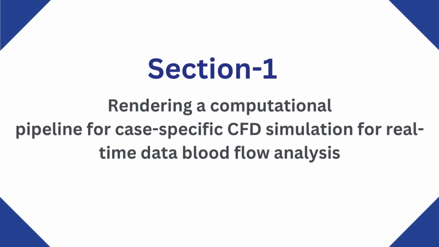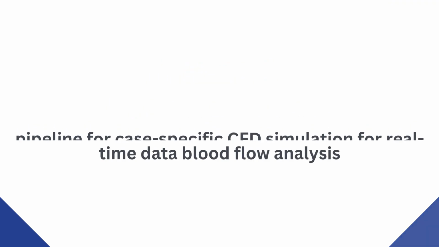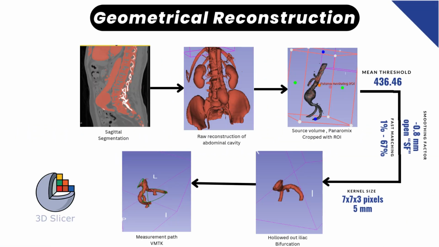Coming on to the methodology, which is the rendering of a computational pipeline for case-specific CFD simulation for real-time flow analysis with the LR model. For the geometrical reconstruction of the abdominal aorta, I imported CT scans of the patient in .nrrd format in an open source software called 3D Slicer, in which I performed threshold based segmentation and segmented out the abdominal cavity of the patient.